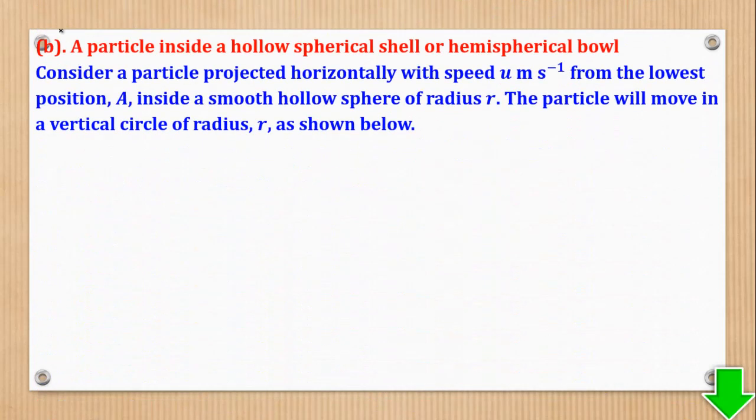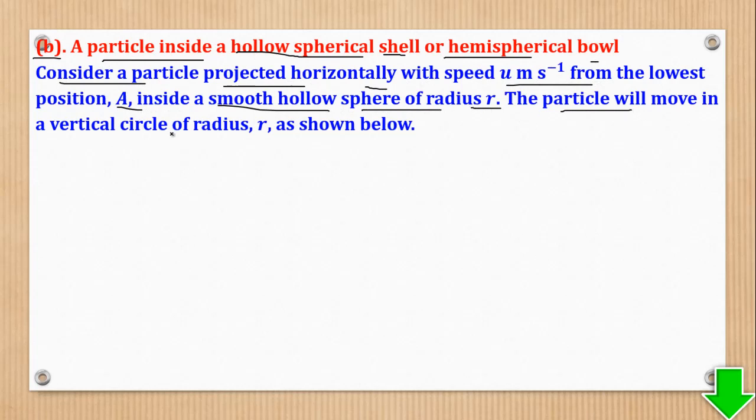That was a particle on a string. Then part B is a particle inside a hollow spherical shell or a hemispherical bowl. So consider a particle projected horizontally with speed u from the lowest position A inside a smooth hollow sphere of radius r.